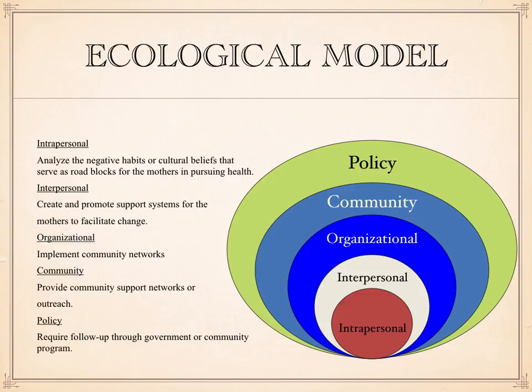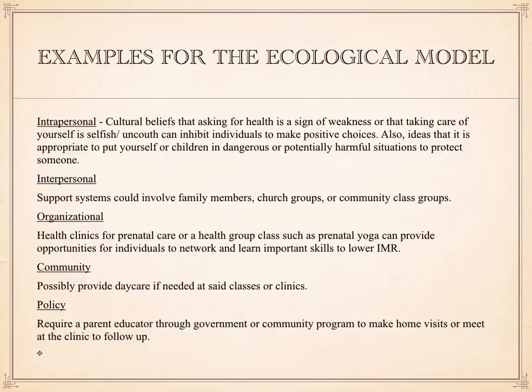Communities can help support the organizations to support the social networks. And then policy could help with funding and making sure that the government or community programs are able to last and stick around for the long term. These are specific examples for each section of the interpersonal, organizational, community, and policy sections.